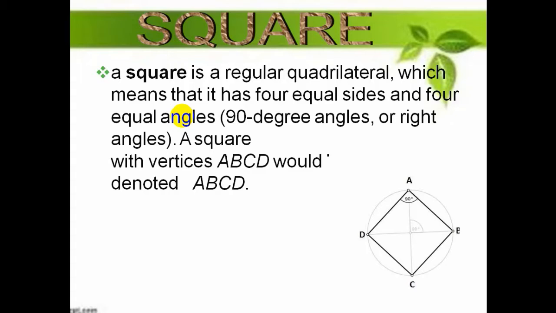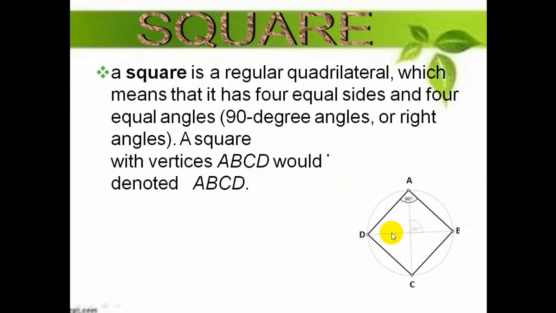So square actually is a quadrilateral because a square shape has four sides and the length of all four sides are equal. Similarly, the measurement of all angles are equal, which is 90-degree angle. So you see over here, this is a square shape, and we have already discussed the construction of this square shape inscribed in a circle in the previous video lecture.